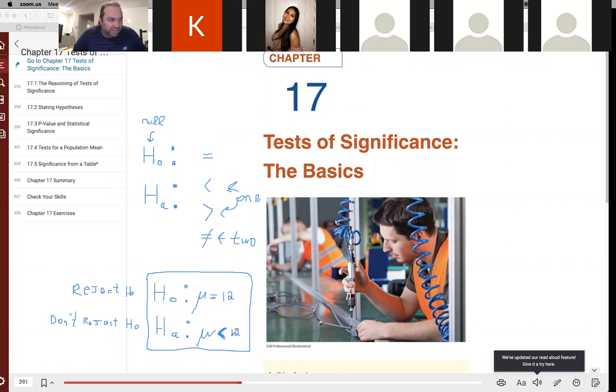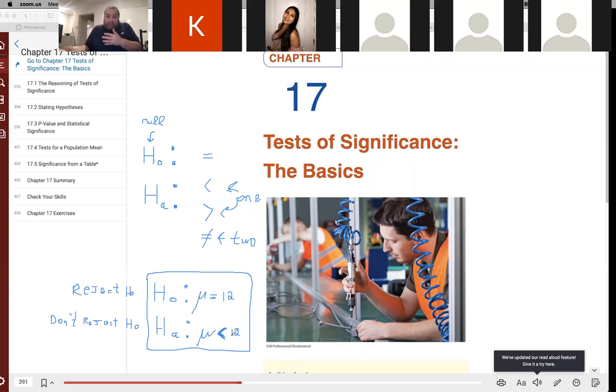Remember, you're only taking a sample, right? There's lots of sandwiches that you haven't tested. Your sample is only a small portion of the population. So if you got a sample that was 11.99995, would you say, based upon your sample, there's no chance that the true value is 12? Would that be the conclusion that you would make? No, because your value is close enough to 12 that, listen, it's a sample.